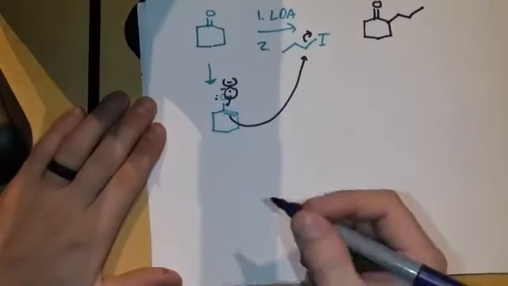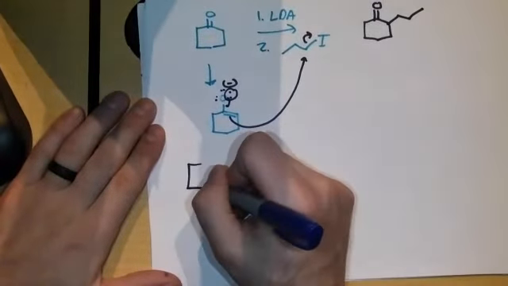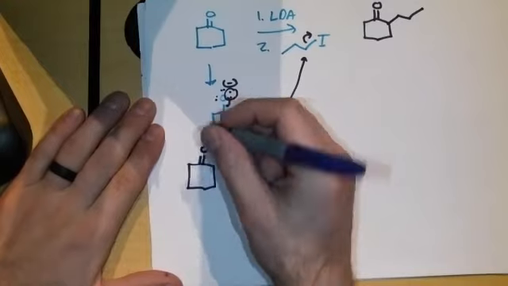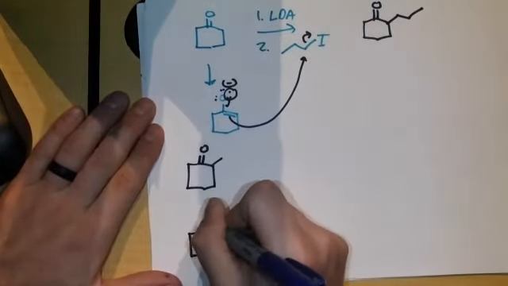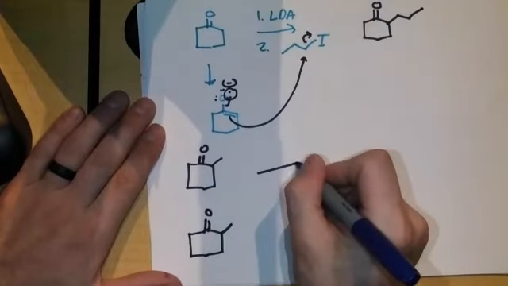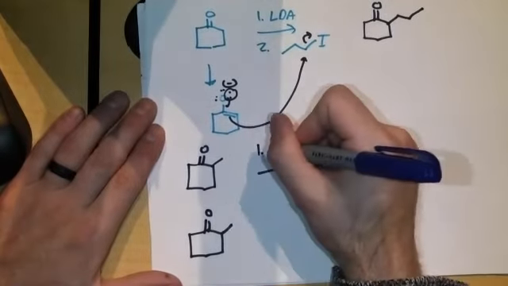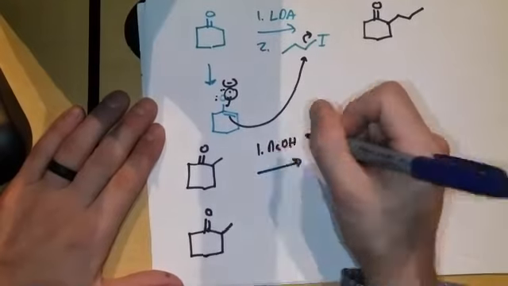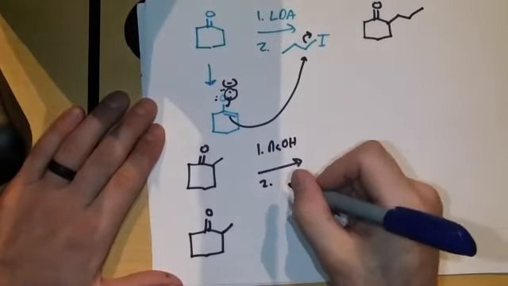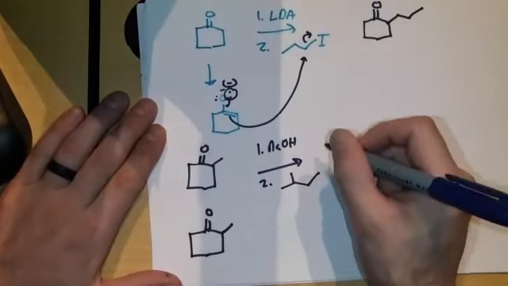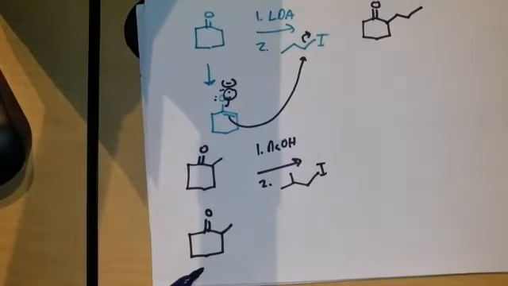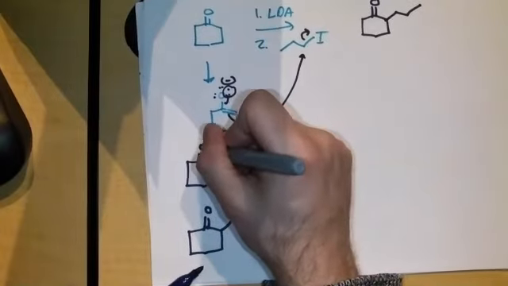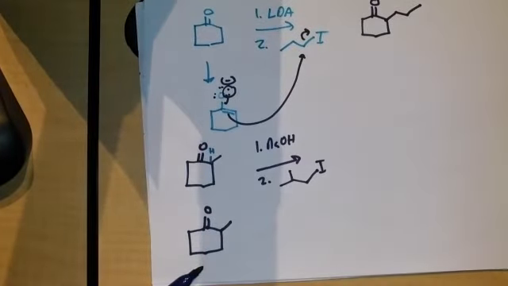Same concepts as before for large and small bases. If I had a small base, NaOH, I'm going to selectively pull off this tertiary proton here.